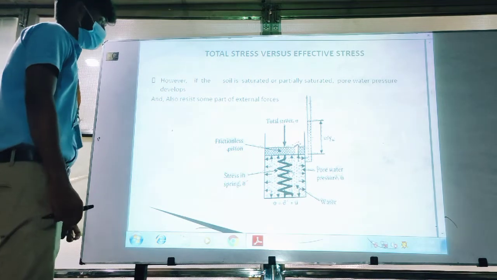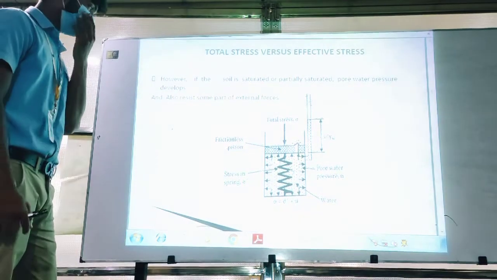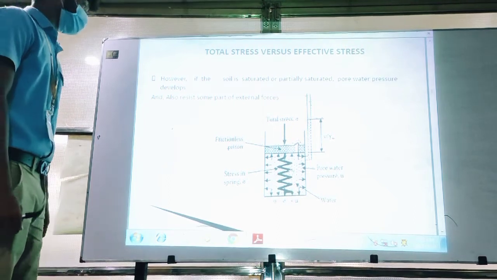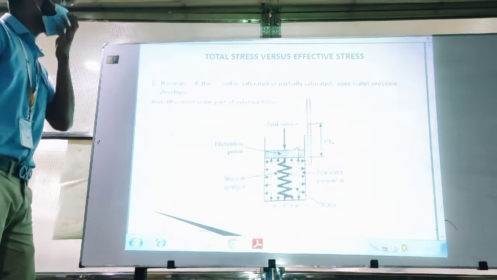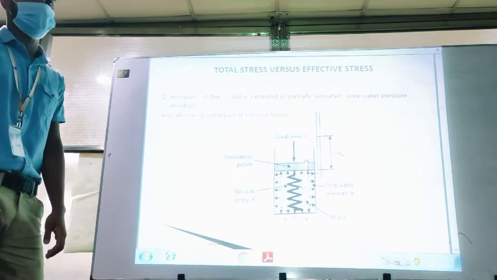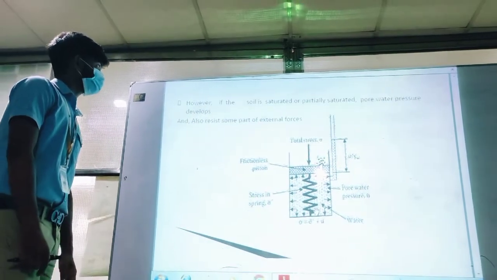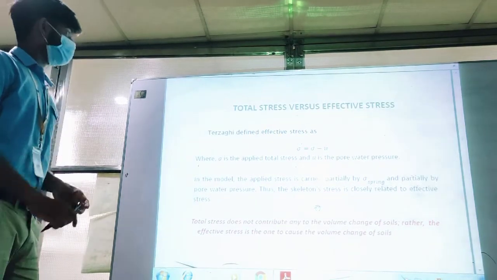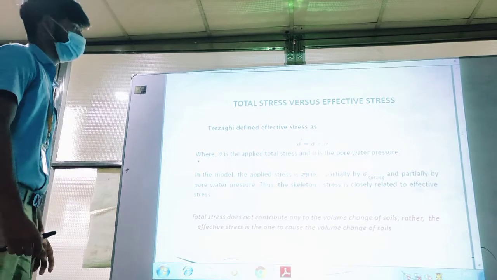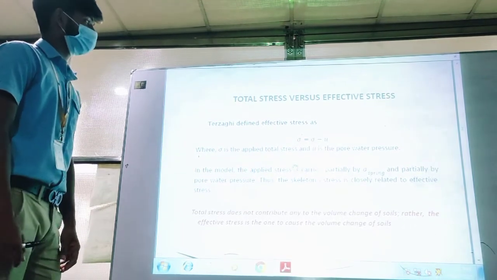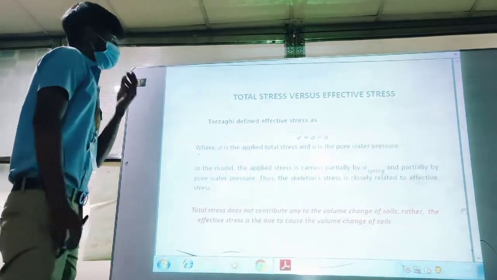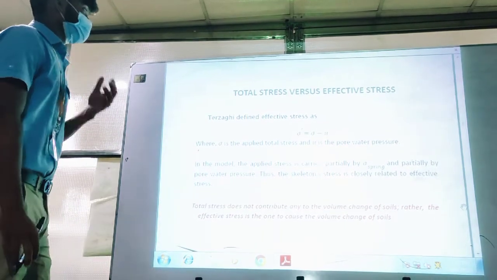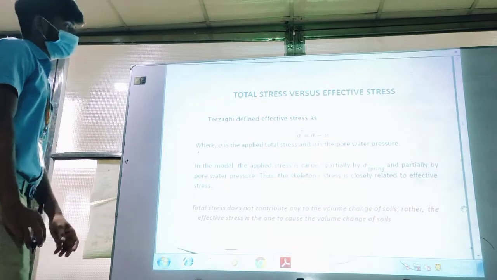There is some water inside the body. Finally, we find that sigma equals sigma prime plus u. That is the main concept of the total stress and effective stress. So the effective stress equals sigma prime equals sigma minus u. That means sigma prime plus u equals sigma, then sigma prime will be sigma minus u.